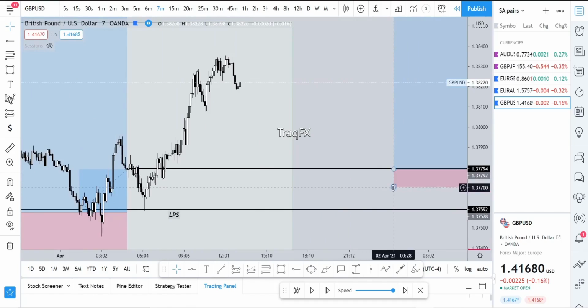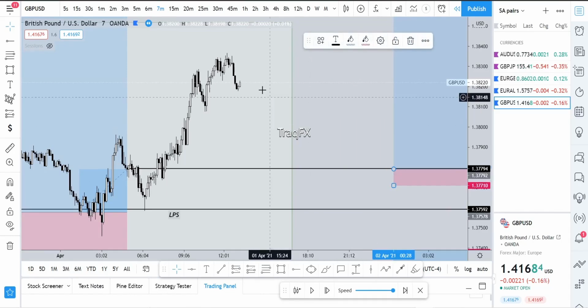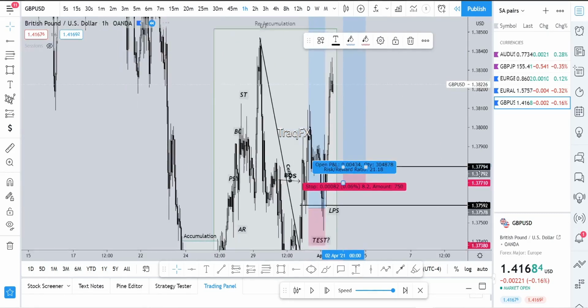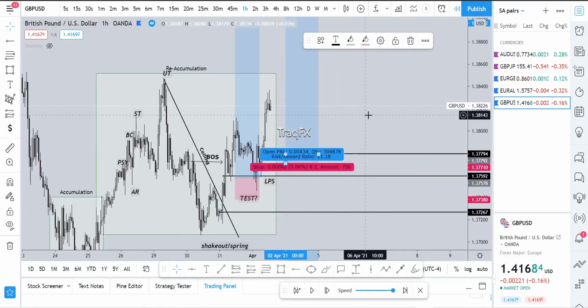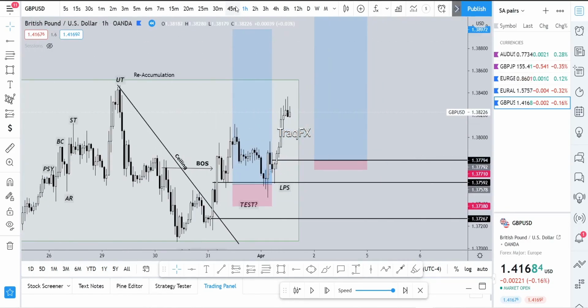But if you prefer to keep your tight stop losses for a higher risk to reward, you can put it just below the low, or give it a bit more trading room. But ideally, the tighter the stop loss, the higher the risk reward, but you're more likely to be stopped out.